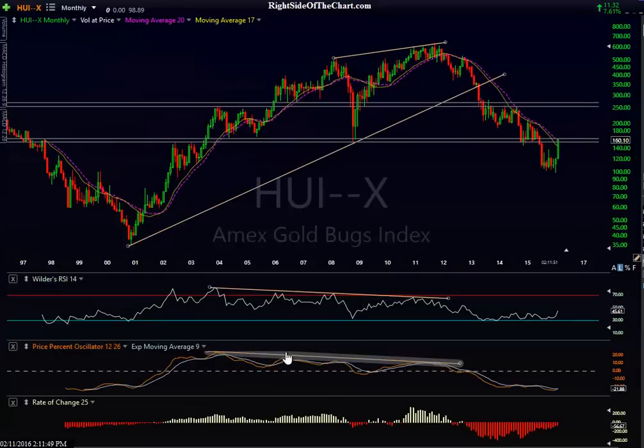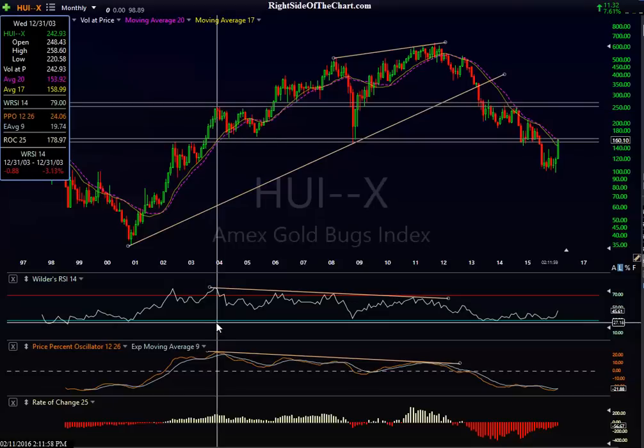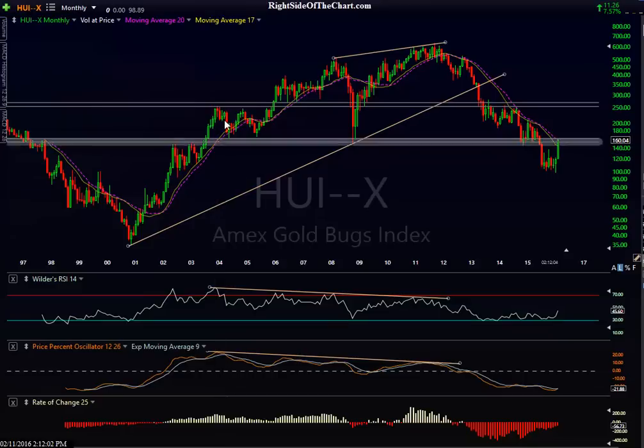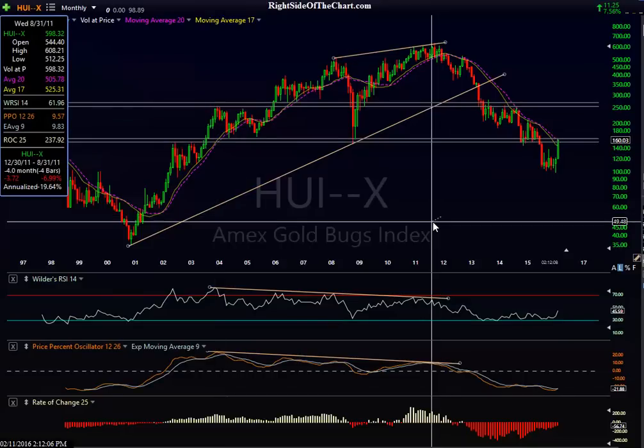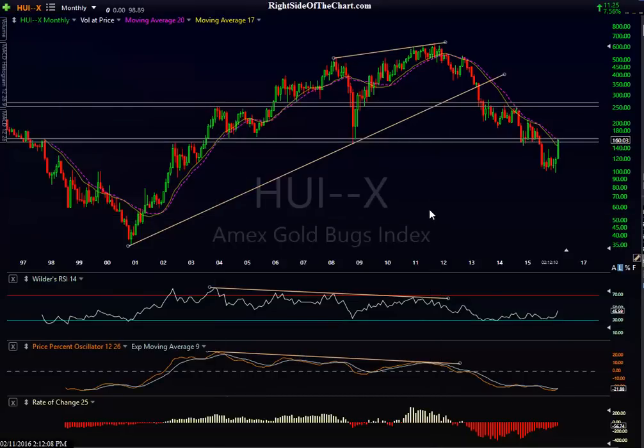Okay, enough of that. You can see multi-month divergence, although I don't have the upper line drawn all the way out. You had it from this point right here, where the PPO and the RSI both peaked. Prices continue to make higher highs all the way up until the highs, and essentially you take the divergence here, you take this uptrend line, and that's just a very large bearish rising wedge pattern.